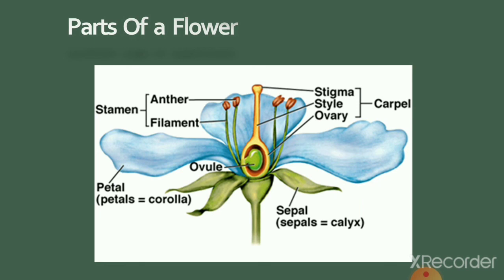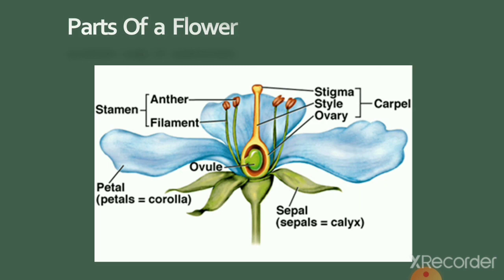If a flower contains only the male reproductive organ, it is considered a male or staminate flower. If a flower contains only the female reproductive part, that is gynoecium, carpel or pistil, it is called a pistillate flower.